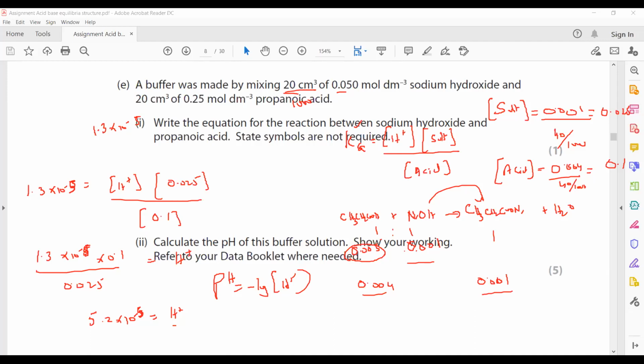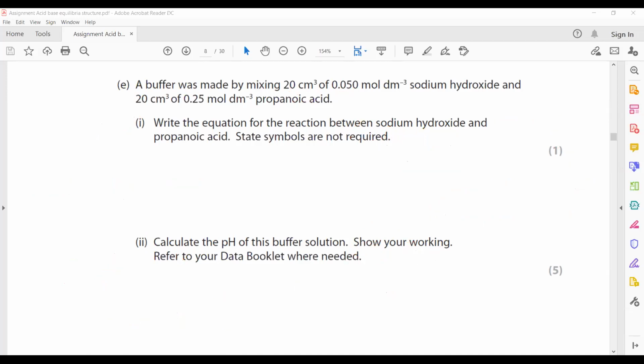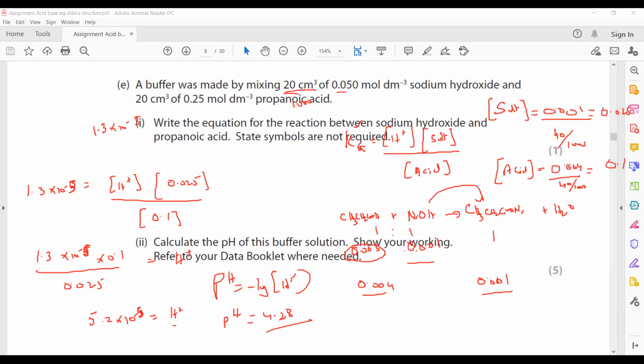When you take the pH of 5.2 exponent minus 5, the pH of this solution is equal to 4.28. This is how we find the pH of a buffer solution.